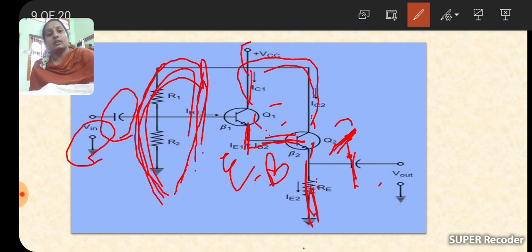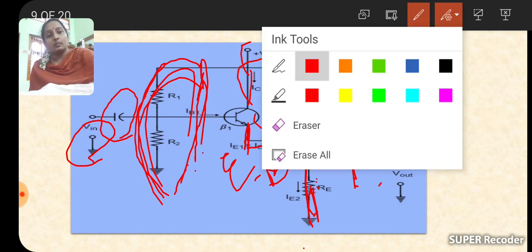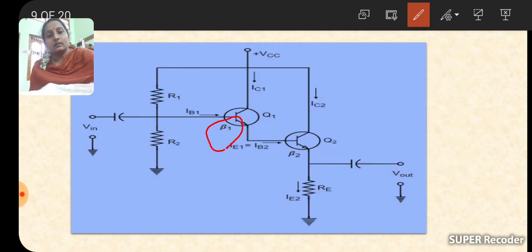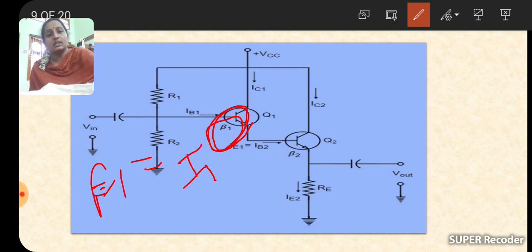Here the gain of the first stage is indicated with beta 1. Beta 1 is defined as the ratio of output to input: IE1 by IB1.